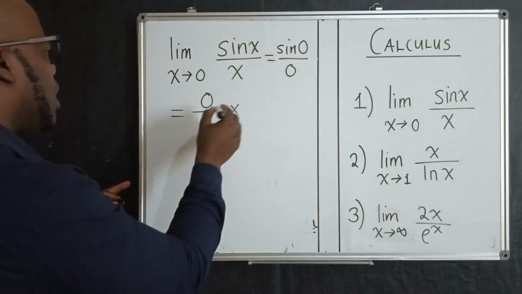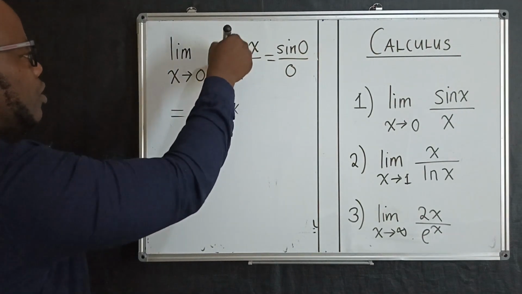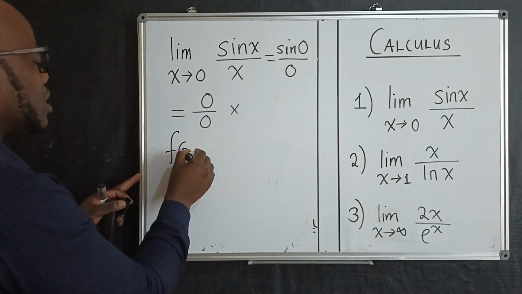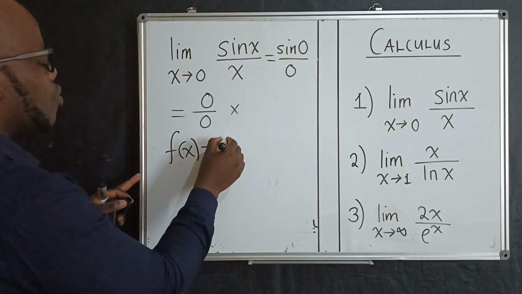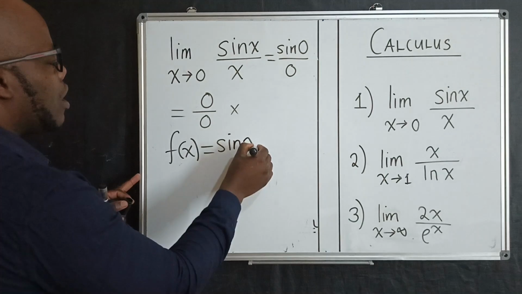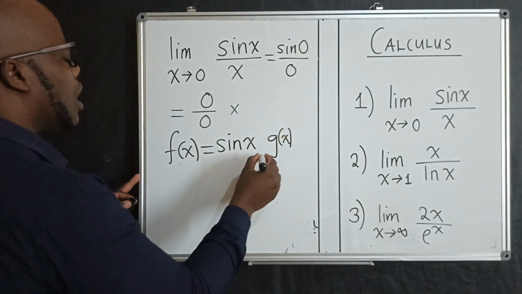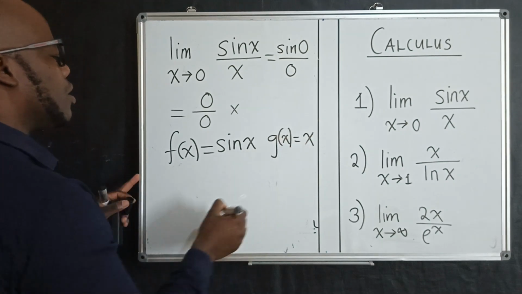L'Hopital says that when you're getting such a solution, get the top function, f of x, which is sine x. You also get the bottom function, g of x, which is equal to x.